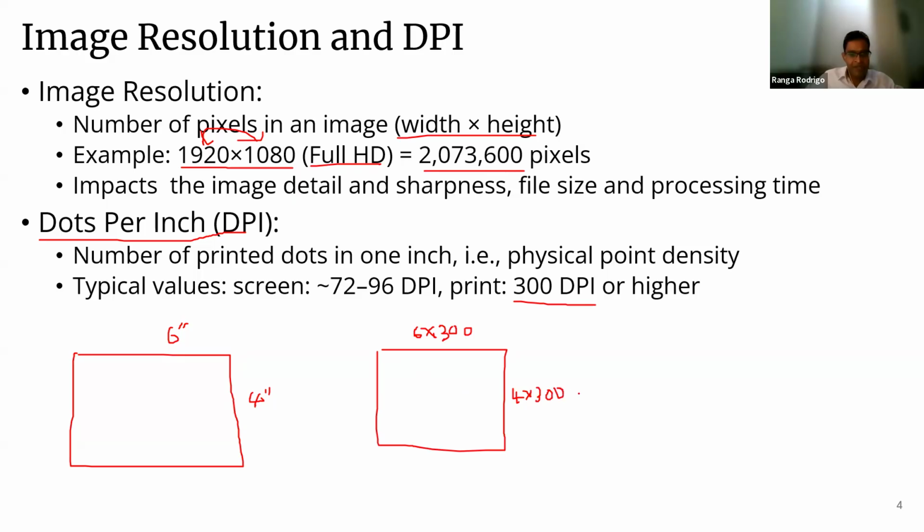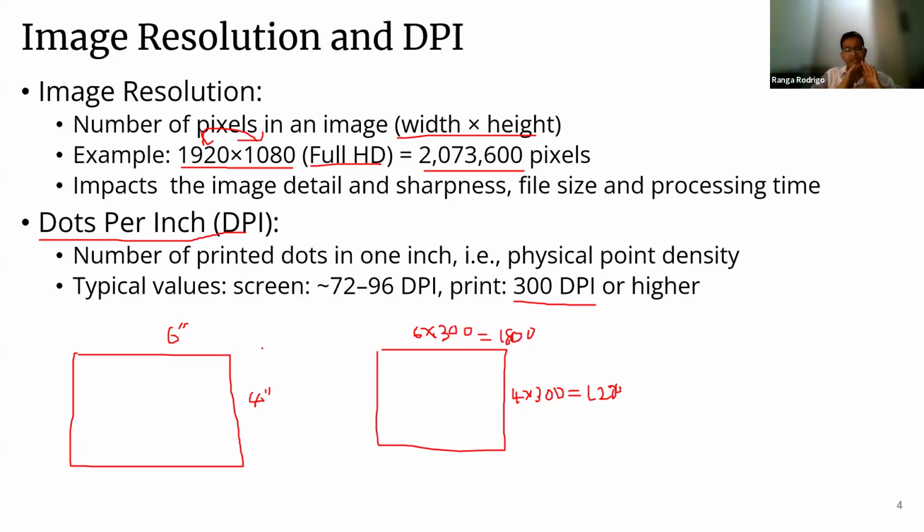That's the resolution you need. So you need a 1200 by 1800 image to get a proper 4 by 6 image printed.